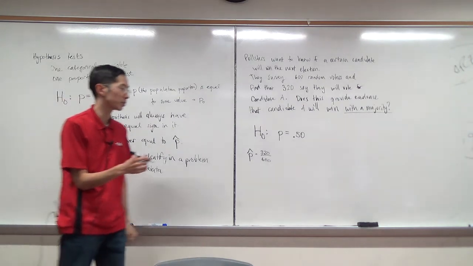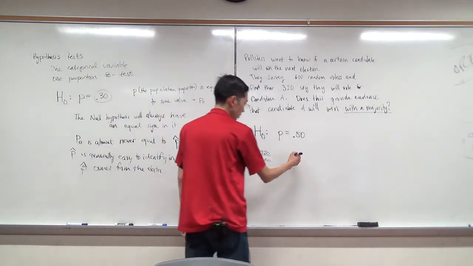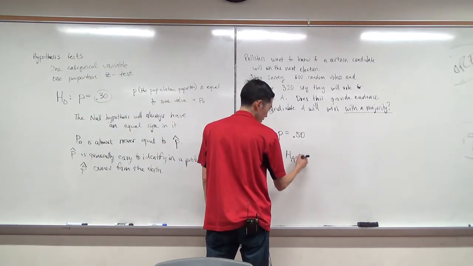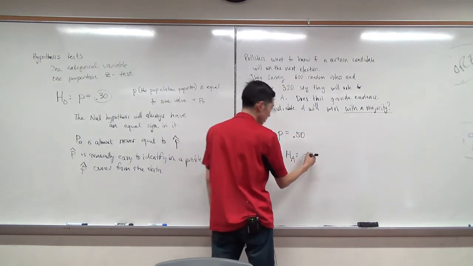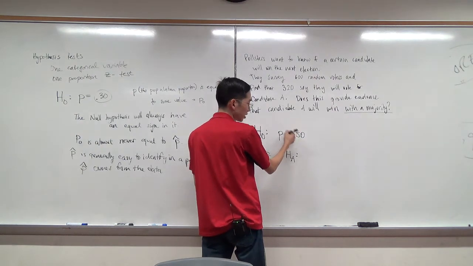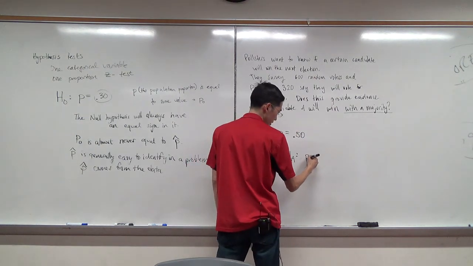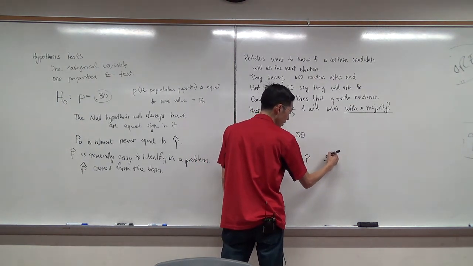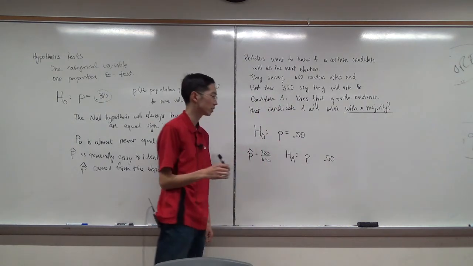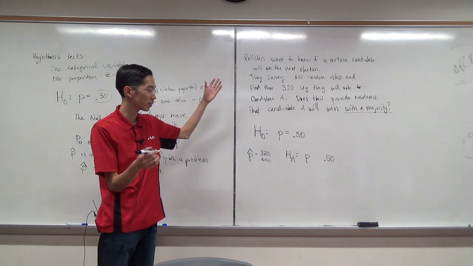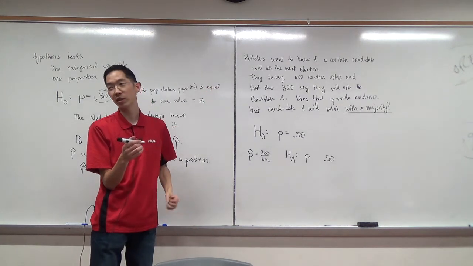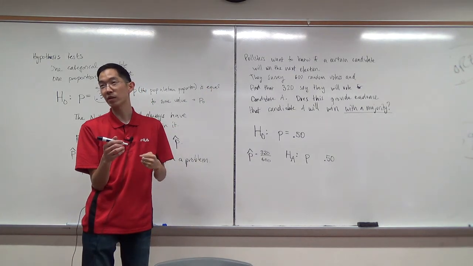The alternative hypothesis is in the exact same form as the null hypothesis, except you change the equal sign to something else. So it's going to be p something 0.50. Do we want to see if the proportion is greater than 50%, less than 50%, or not equal to 50%?